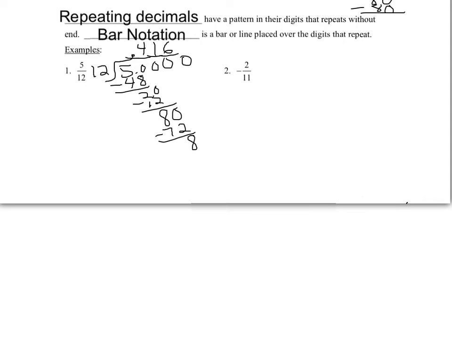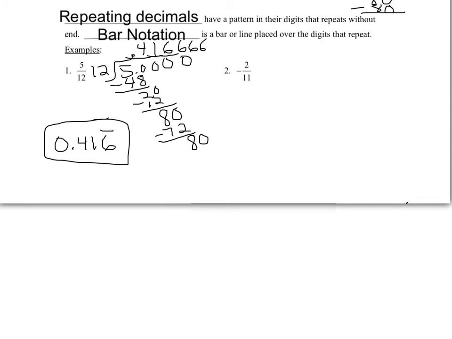And if I add another 0 and bring it down, I've got another 80. So it's just going to be 6 happening over and over again. But I don't want to have to write that out. So the better way to write it is with a bar. So we would have 0.416, and we put a bar only over the 6 because that's what repeats, and that's how you'd write a repeating decimal with bar notation.